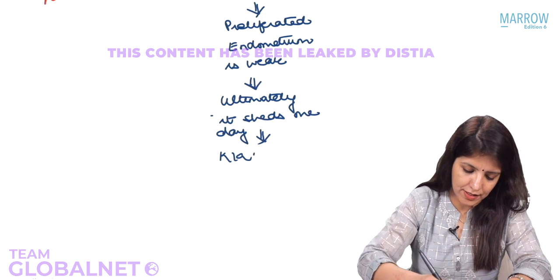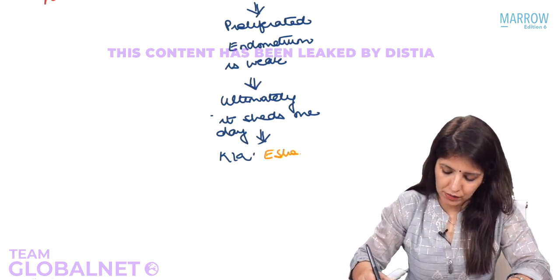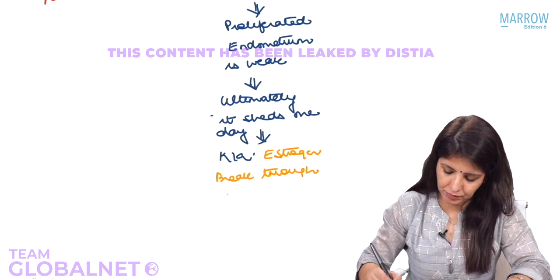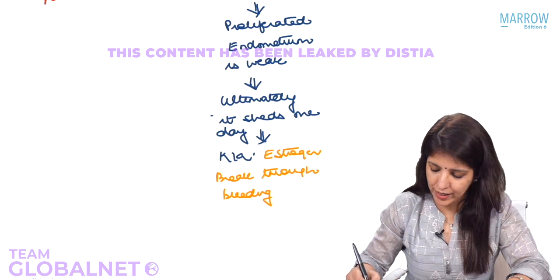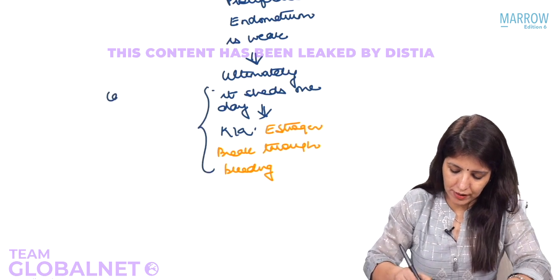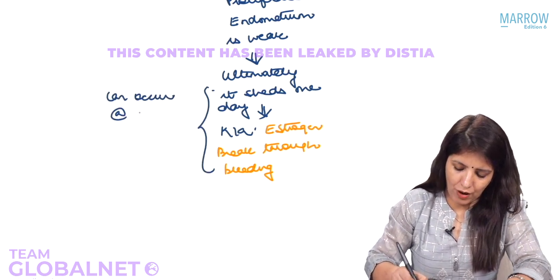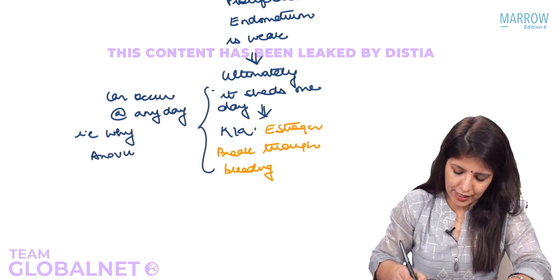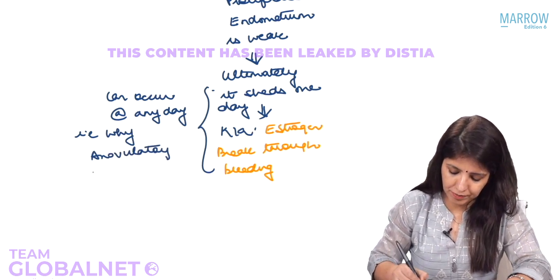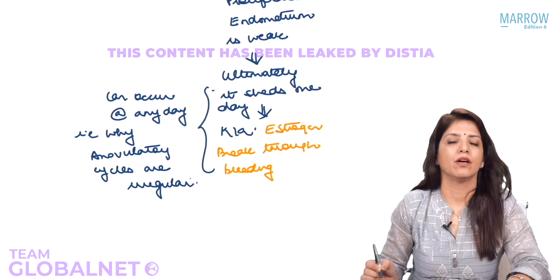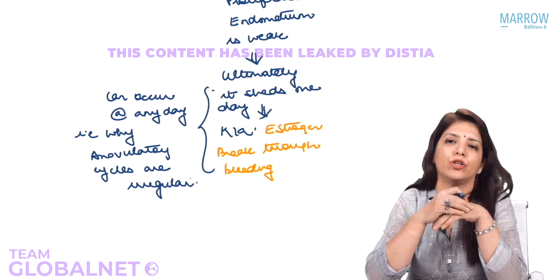This is called estrogen breakthrough bleeding, right? And this estrogen breakthrough bleeding can occur on any day. That is the reason why anovulatory cycles are irregular. Have you understood?